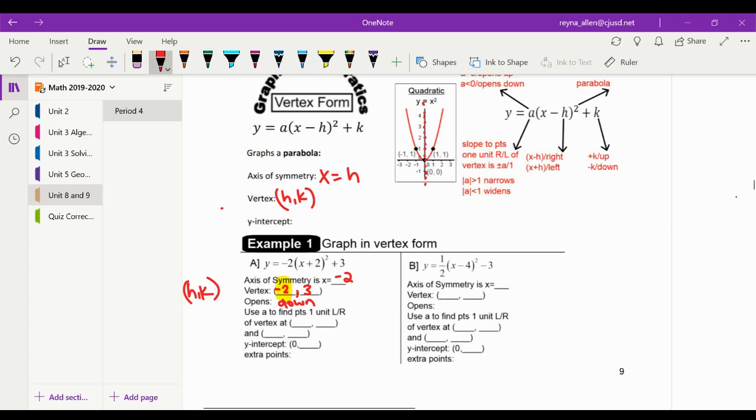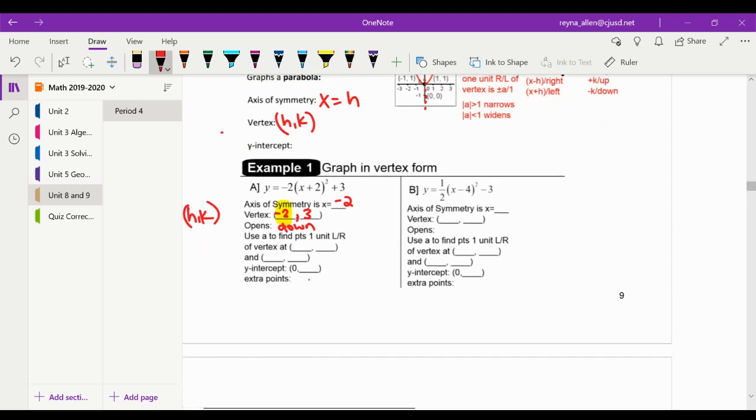The y-intercept, let's scroll down a little bit, is when x is 0. So I'm going to substitute in 0 here. So we get y equals -2 times (0 plus 2) squared plus 3. 0 plus 2 is 2. 2 times 2 is 4. 4 times -2 is -8.